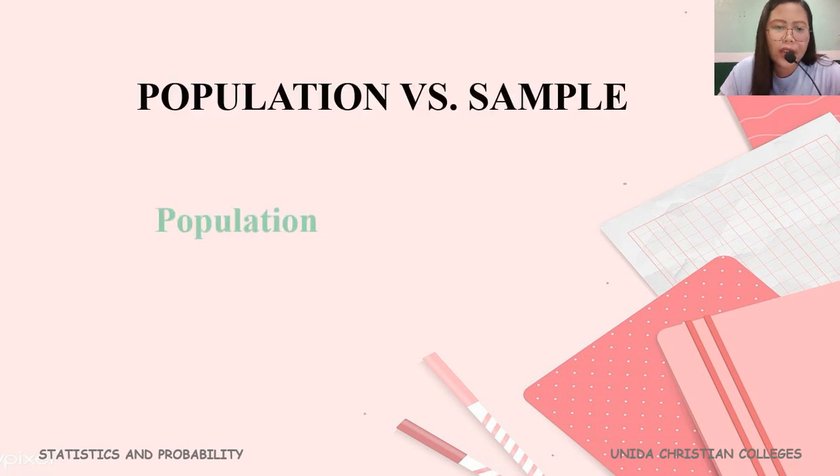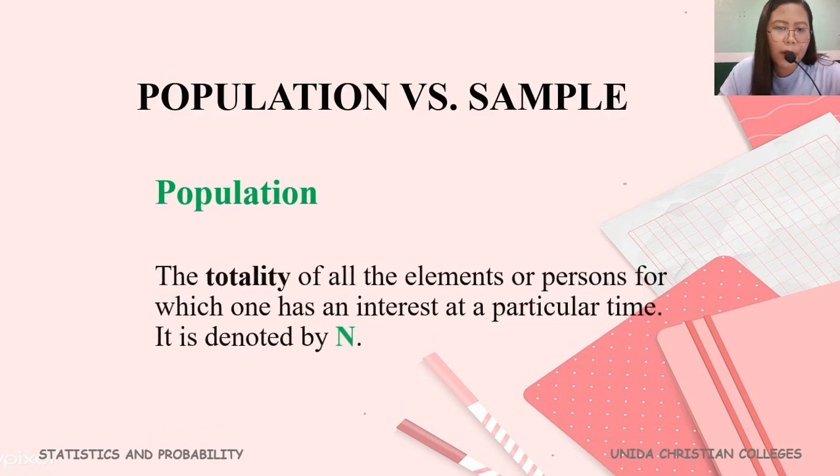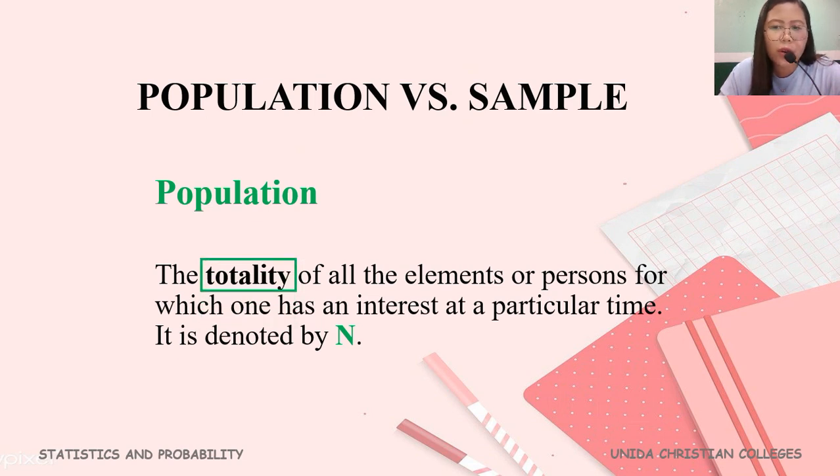Okay, let's have the definition of the population. It is the totality of all the elements or persons for which one has an interest at a particular time. It is denoted by big letter N. Pag sinabing population, total, lahat, kabuuan. Okay? Totality.